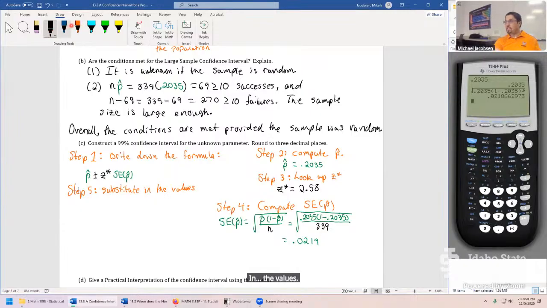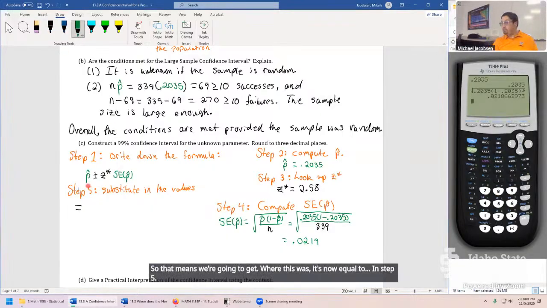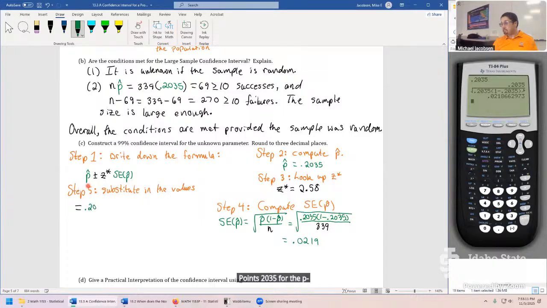So that means where this was, it's now equal to, in step 5, 0.2035 for the p hat, add or subtract, z star, that's the 2.58, which then multiplies standard error of p hat down here, 0.0219.